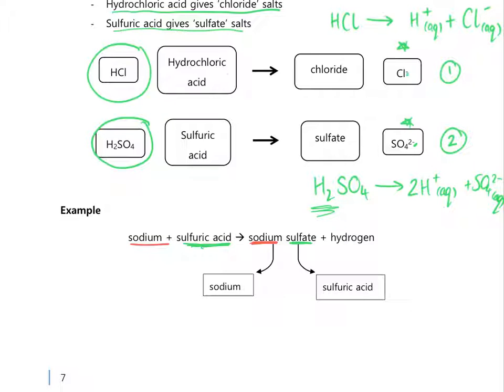This is the salt. And our other product from our general equation is hydrogen. So all of these reactions of a metal with an acid will give us a salt plus hydrogen. So they will all end with plus hydrogen. So you should check that when you have a metal reacting with acid, you always have written hydrogen on the right hand side of the equation as a product.